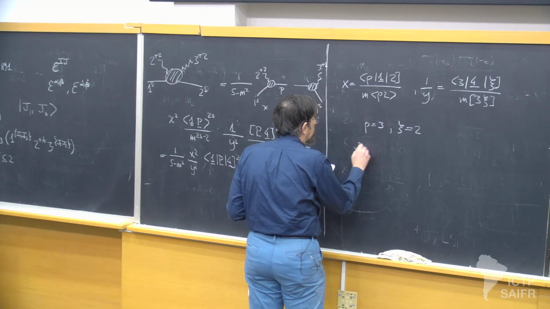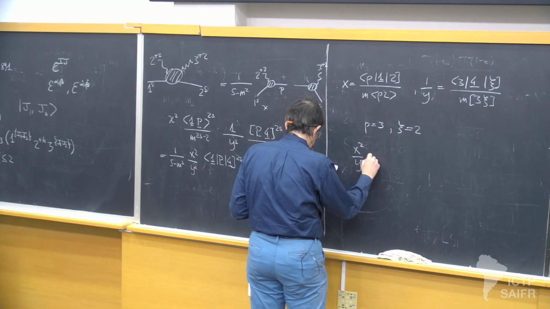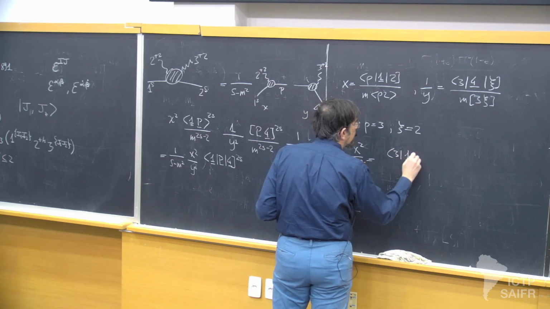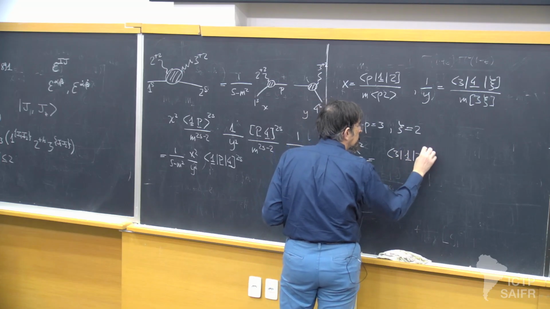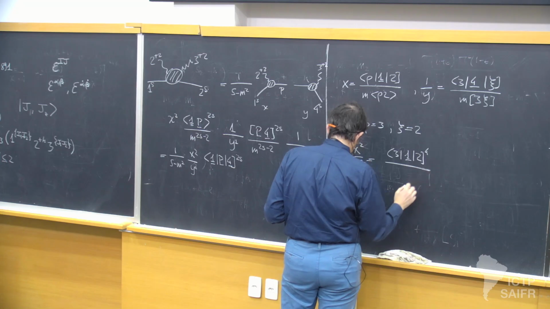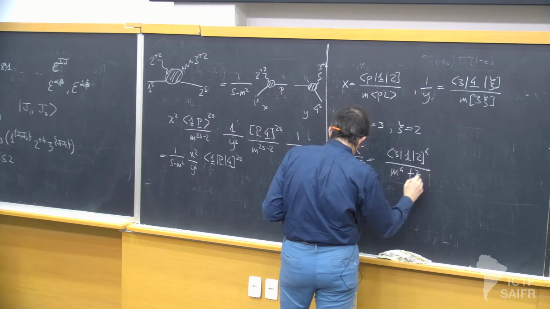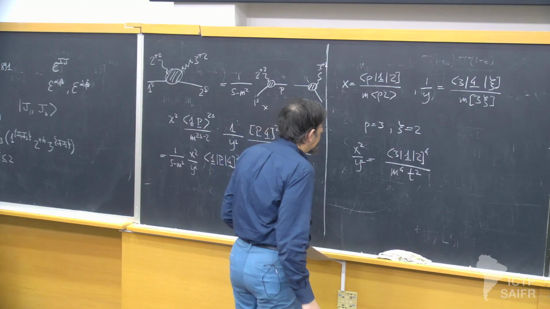And so then x squared over y squared is simply going to be the 4th power of a certain spinor string, a spinor sandwich, and there's some number of powers of the mass that we get as well, and there's a t squared.